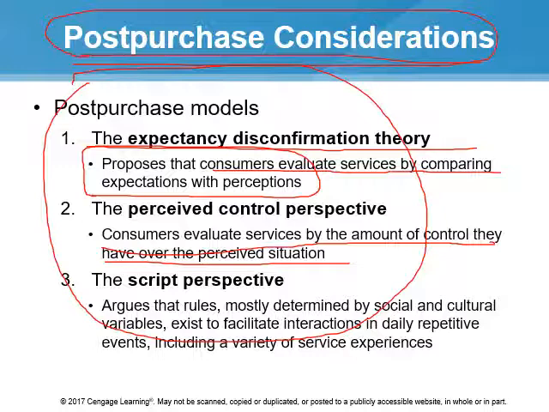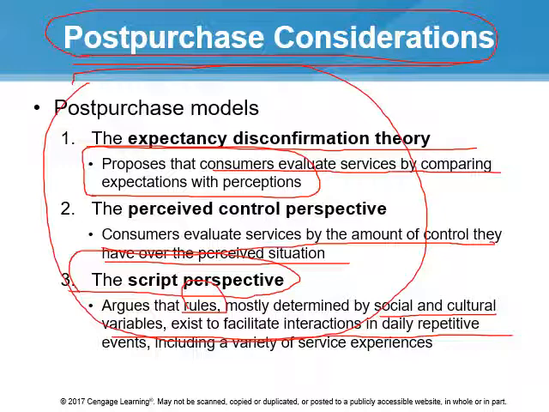And then you need to understand that ComSats University uses this third theory, which is called the script perspective. We know that some organizations and some services have to be governed by different rules, and these rules exist because of the social and cultural variables that facilitate interaction. Why do we have different rules and regulations in ComSats as compared to the rest of the world? Because they have a different social and cultural structure.